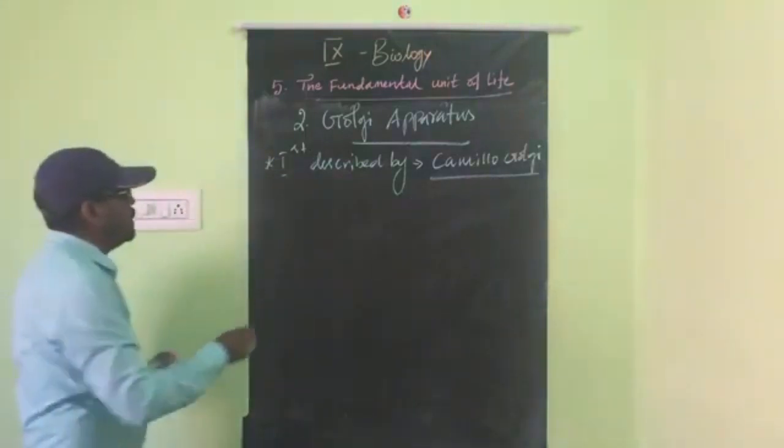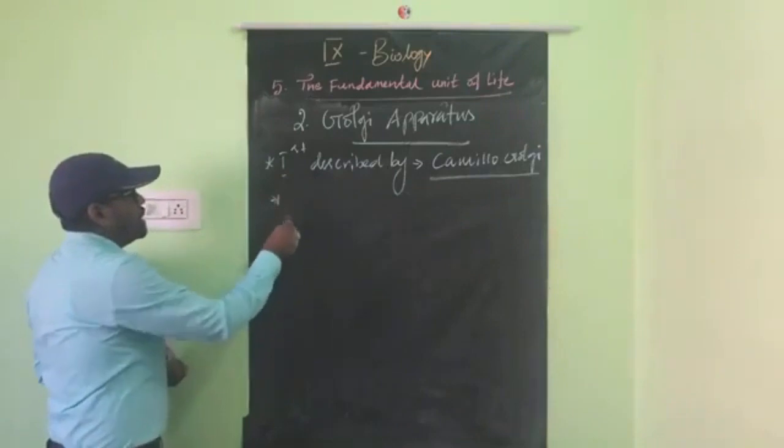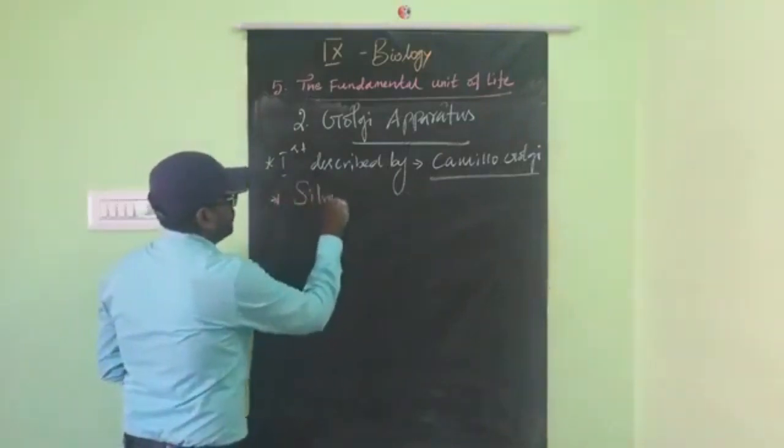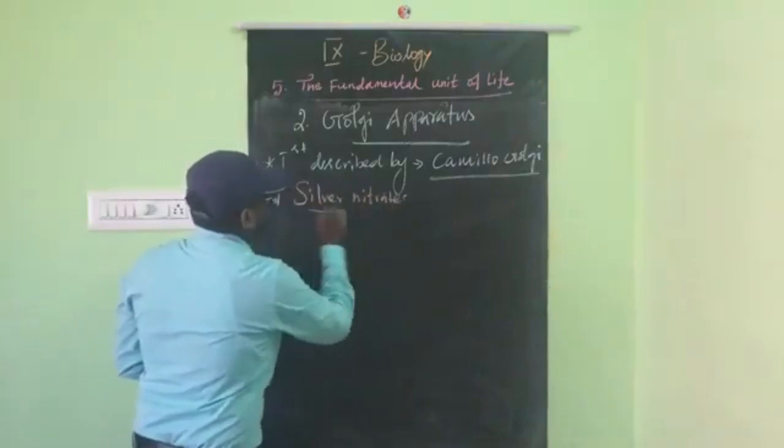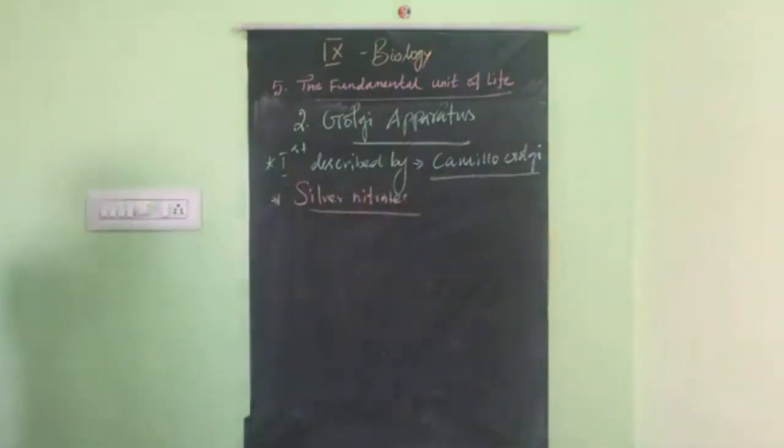He used the chemical silver nitrate. Using this chemical, silver nitrate, he identified the structure of the Golgi apparatus.